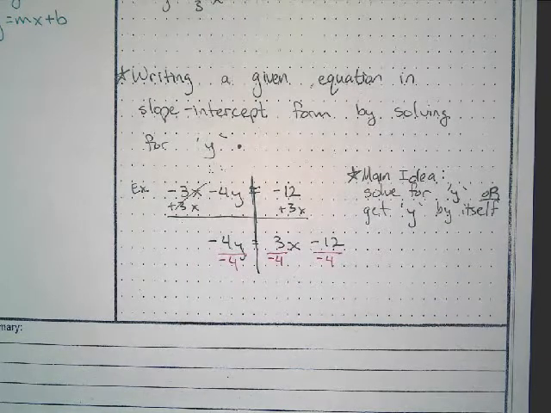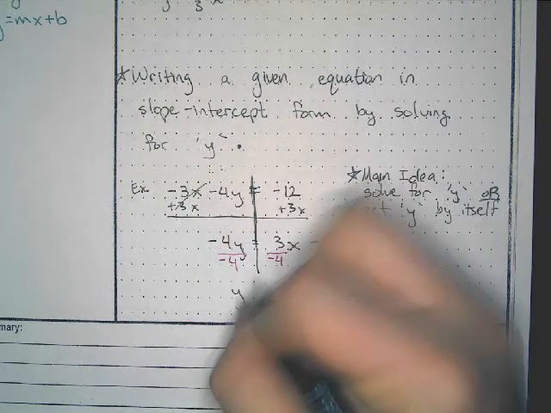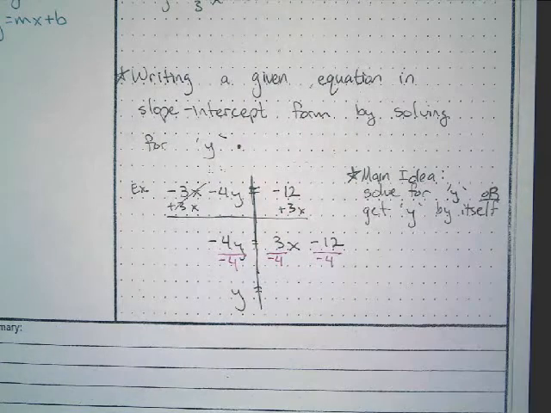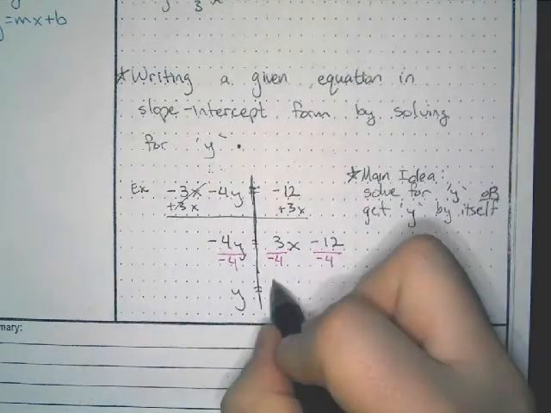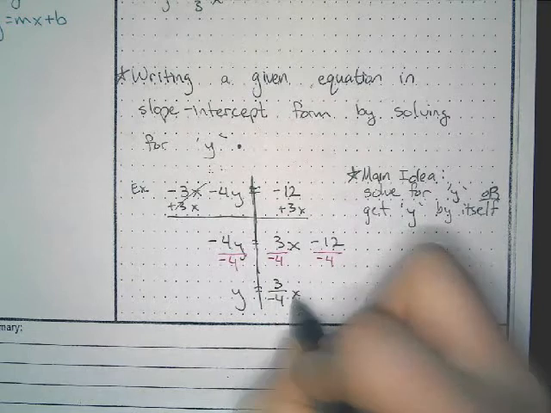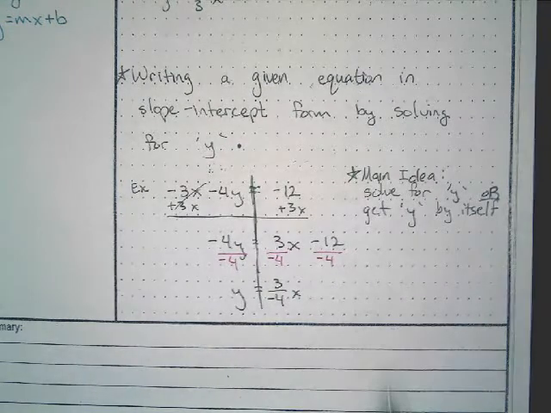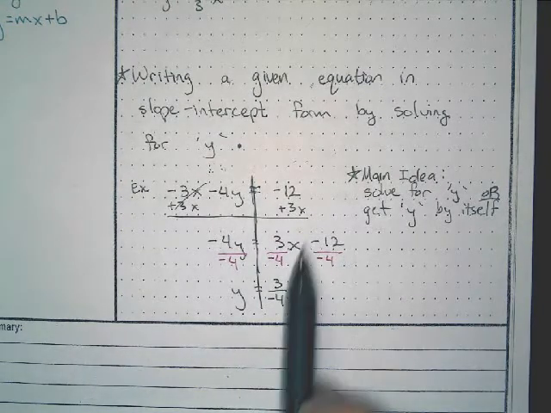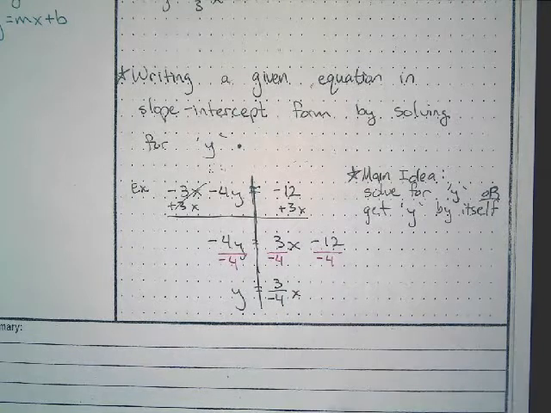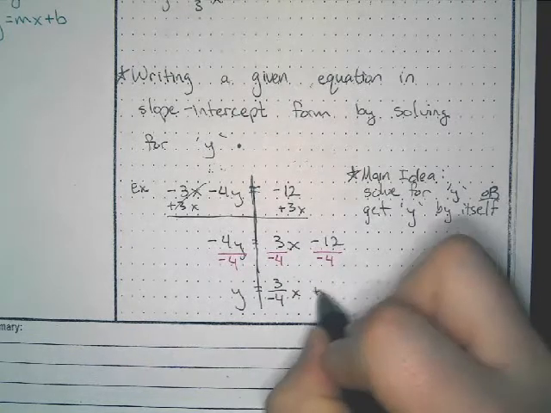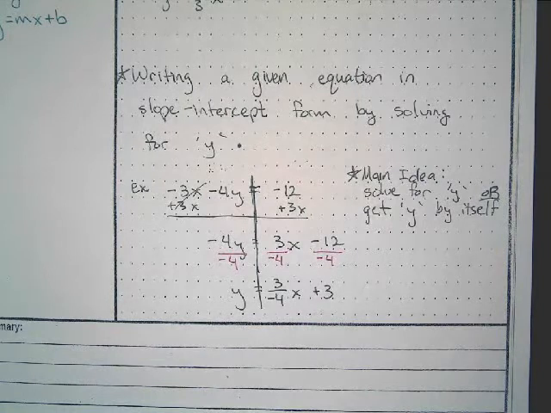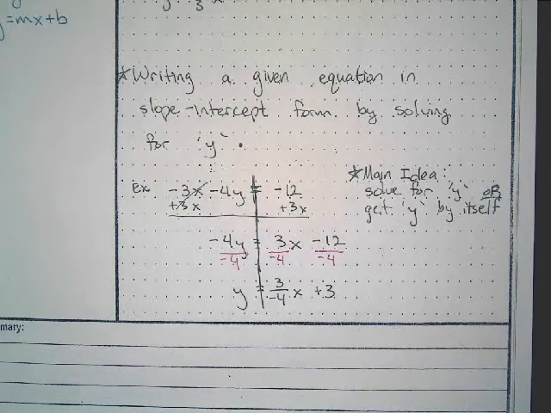So that becomes just y. And this stays a fraction, so I have 3 over negative 4x. And then I have negative 12 over negative 4, which becomes a positive 3. And that's how we can solve for y so that we have an equation written in slope-intercept form.